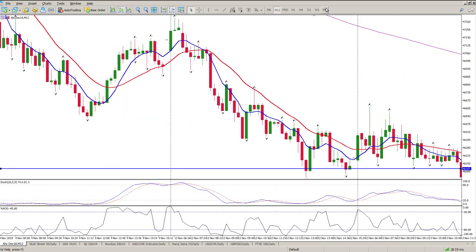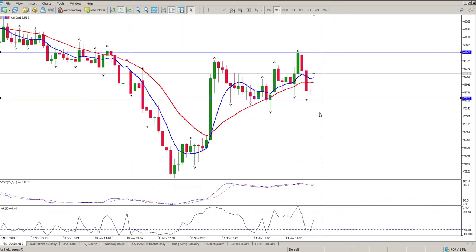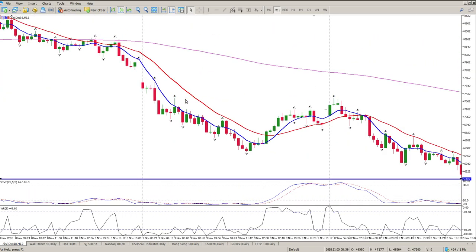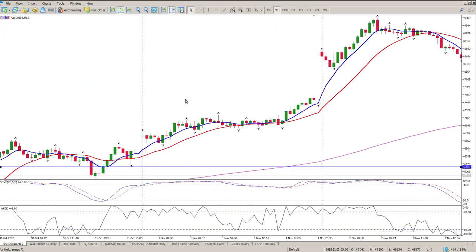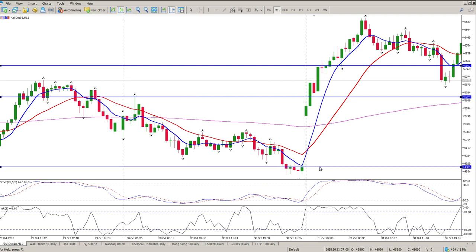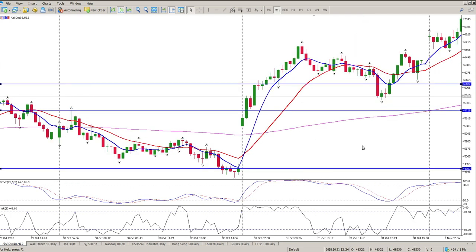I just want to pick up the level properly. Yeah, there it is. So there's the close. There's our gap.